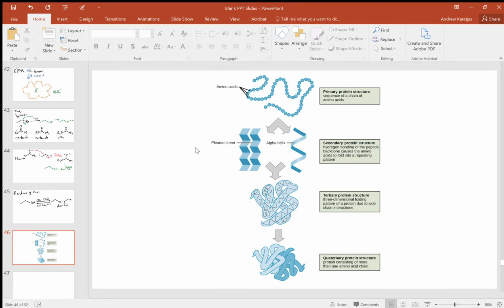Primary, secondary, tertiary, and quaternary. The primary structure is just the sequence of the amino acids, whatever amino acids are contained in that protein in the order that they're in.